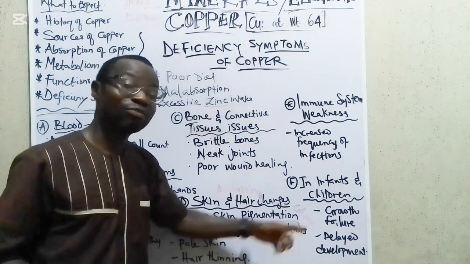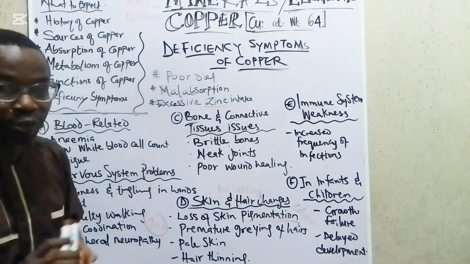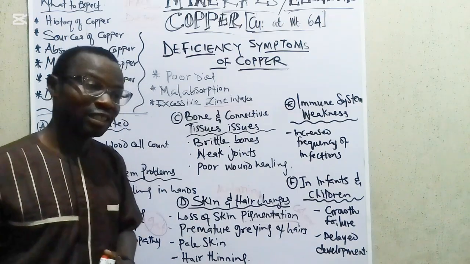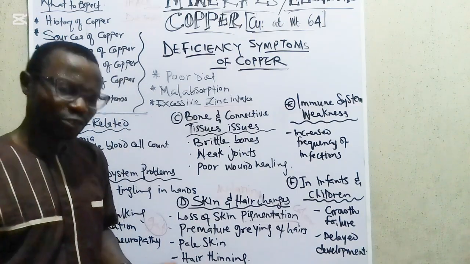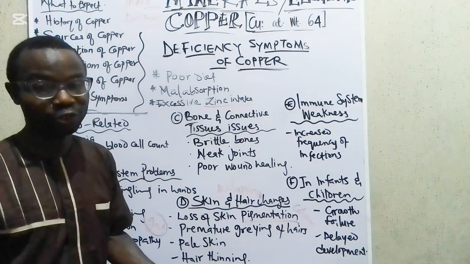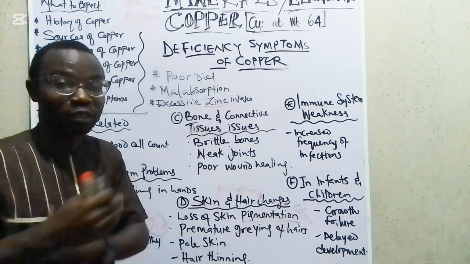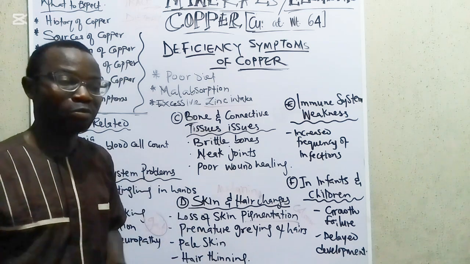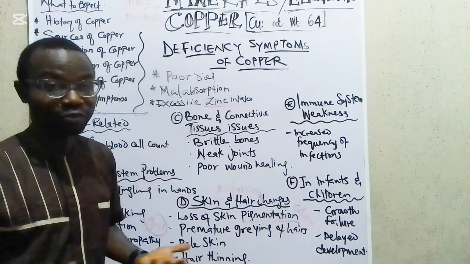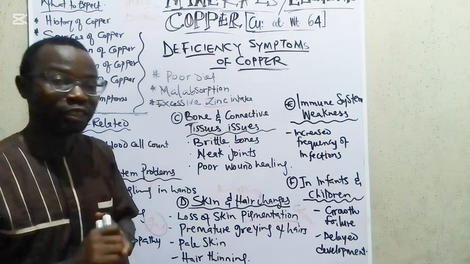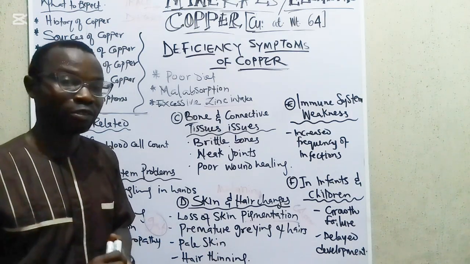And when growth is affected, more often than not, development is also affected. Development of what? Let's look at secondary sexual characteristics, hair in pubic parts and others, and also the breast for girls and the others. So this is how it affects animals.